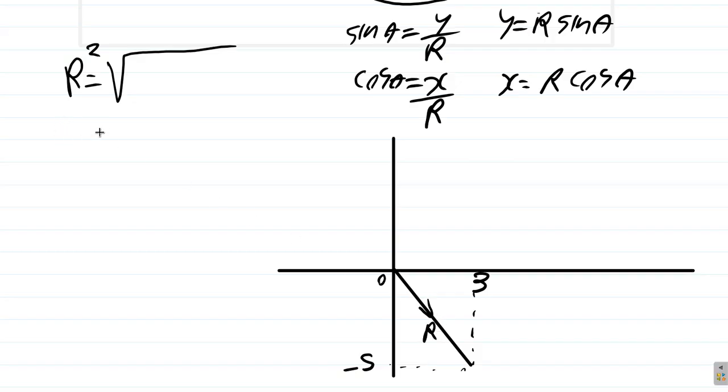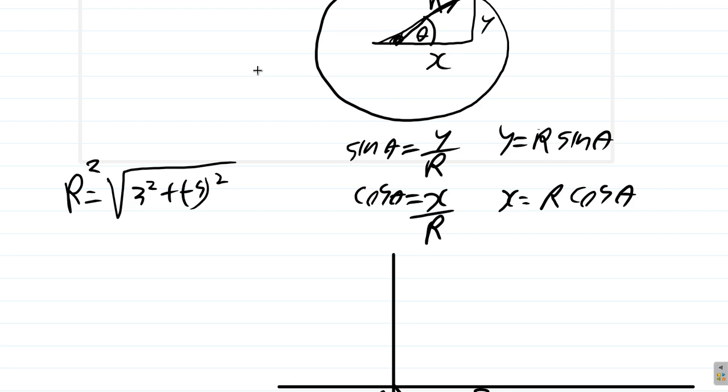So this is r. R squared is equal to 3 squared plus negative 5 squared, using Pythagoras to find the magnitude. 9 plus 25 is 34. Actually, I shouldn't say r squared is equal to the square root.